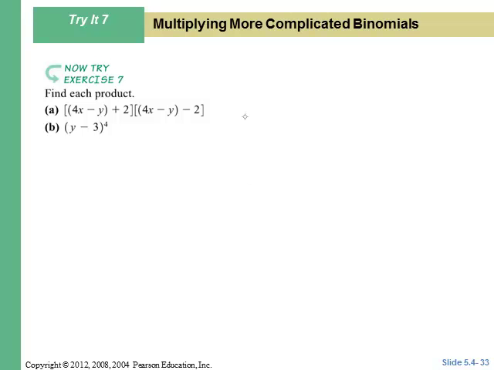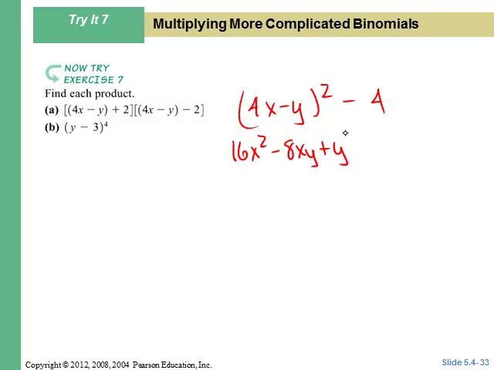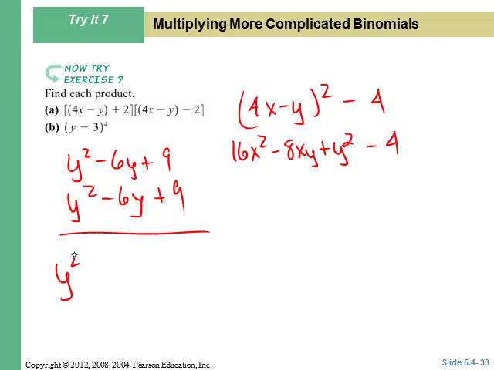Okay. This first one is 4x minus y squared minus 4. 4x minus y squared is 16x squared minus 8xy plus y squared minus 4. And then y minus 3 to the fourth is y minus 3 squared. So that's y squared minus 6y plus 9 times y squared minus 6y plus 9 gives us y to the fourth.